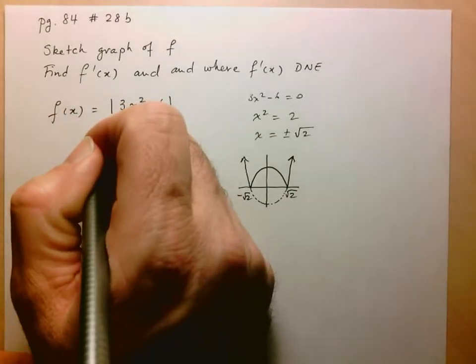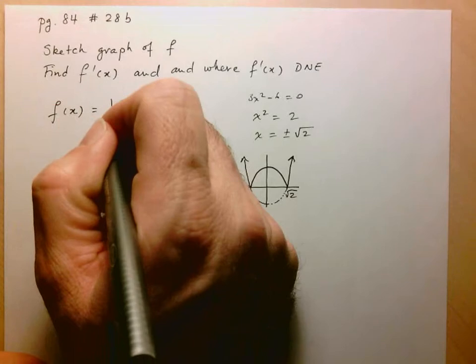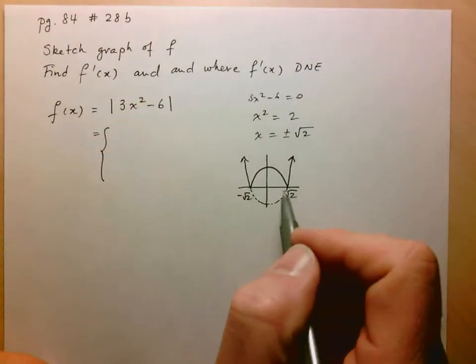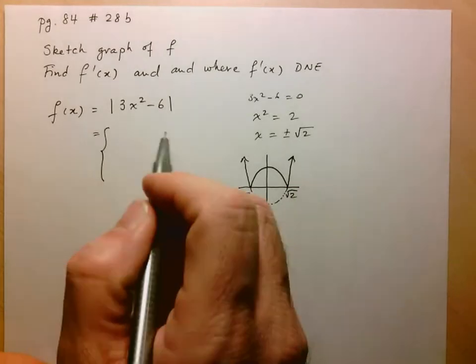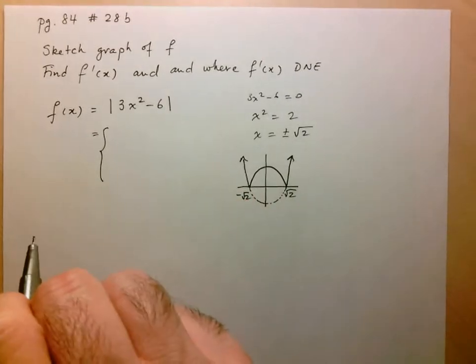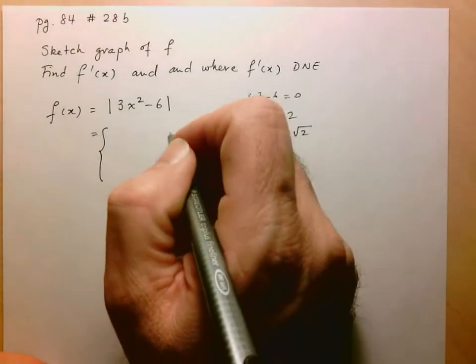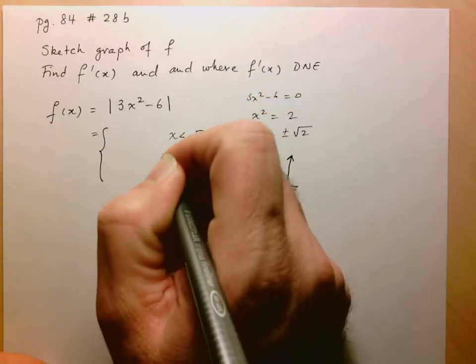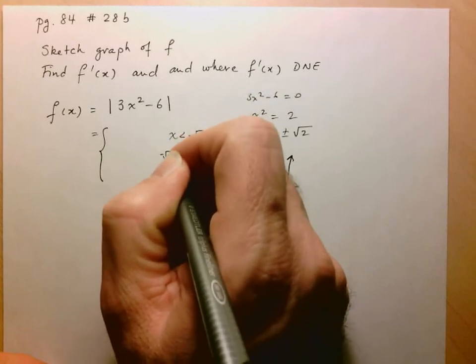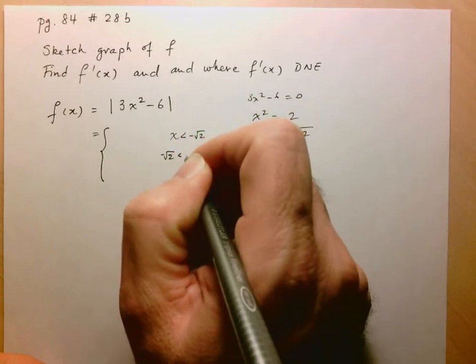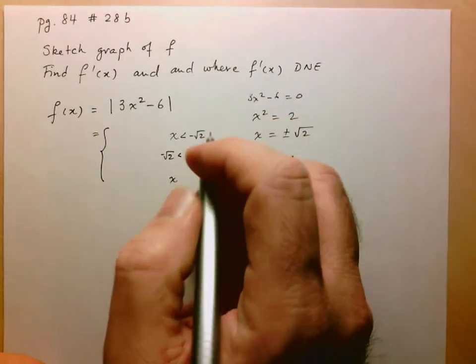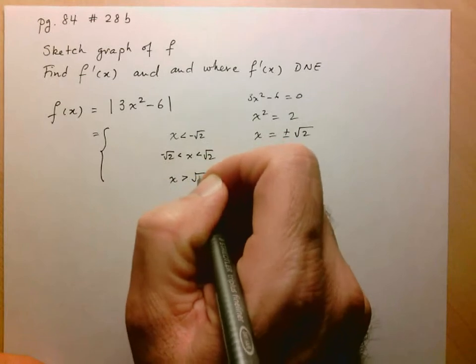So first thing we do is we turn this into a piecewise function. Now here, because there's two changes in sign, we're going to need 3 lines in our piecewise function. Okay, so we're going to have x less than negative root 2. We're going to have x between negative root 2 and positive root 2, and then we're going to have x greater than root 2.